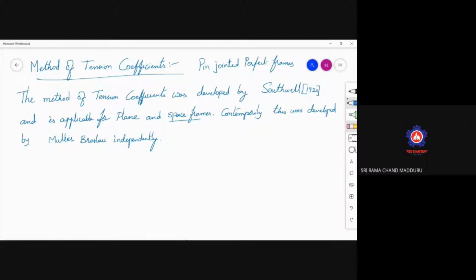Now just consider how this method uses, understand here. Now in a three-dimensional XYZ plane, a member is there. We know that wherever the member is there, we can write it in coordinates.